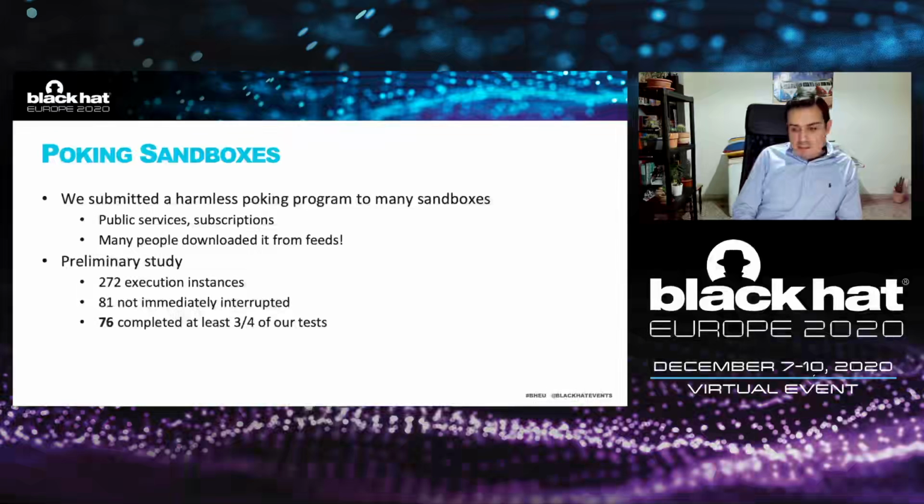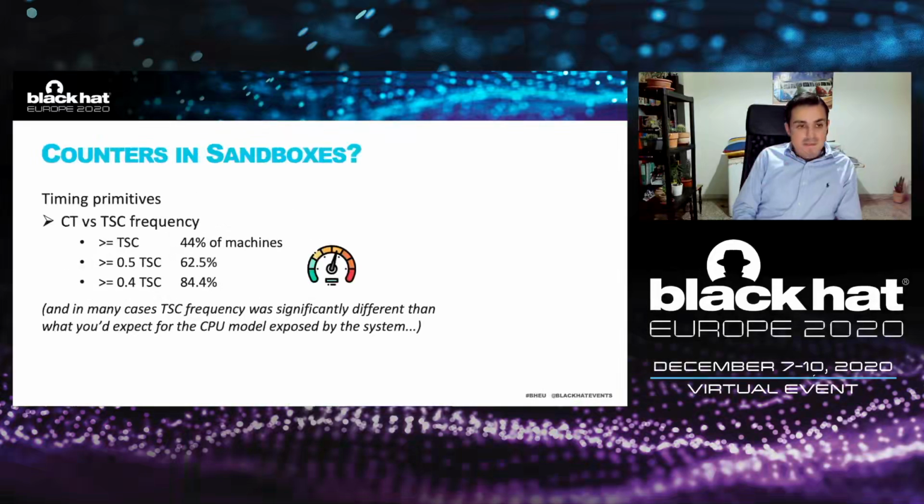Let's see in detail. First of all, let's see how it went with the counter-thread resolution. We observed that for nearly half of the machines, we had a timestamp counter that was slower than the counter thread, which was good. But in the other half, we didn't get a faster clock, but still a pretty good clock, within 40% of the frequency.